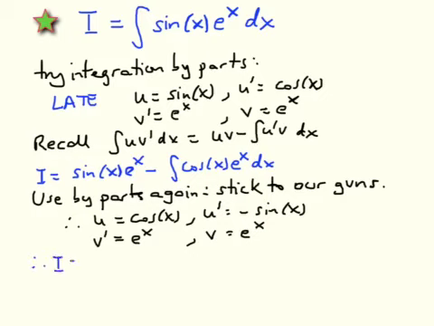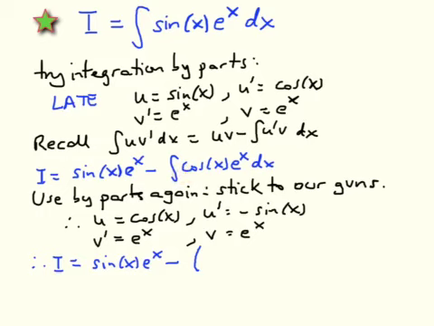But now, we are going to stay doing what we have done before, and in this way we obtain that I, our initial integral, is, and we are using this, the sine of x times e to the x minus, and I'm going to open brackets because the minus sign here multiplies all of this. So this was u, this was v prime.